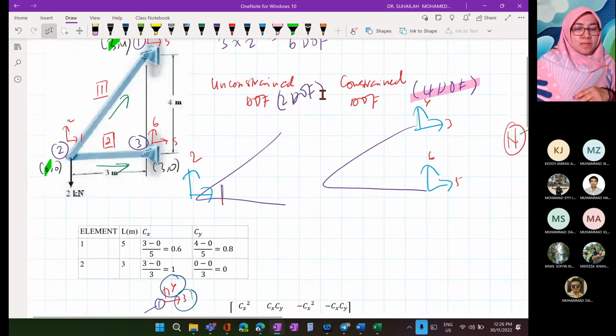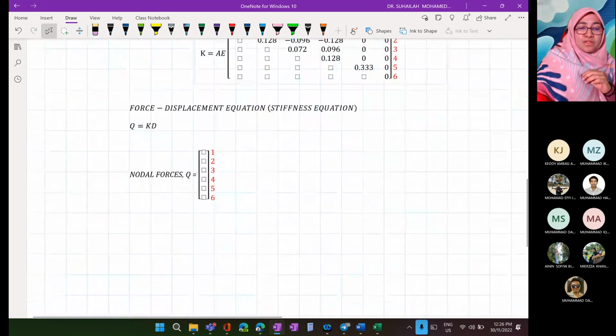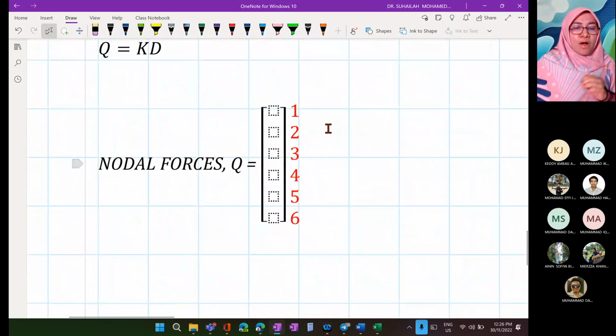So there are four unknown reactions at position 3, position 4, position 5, position 6.